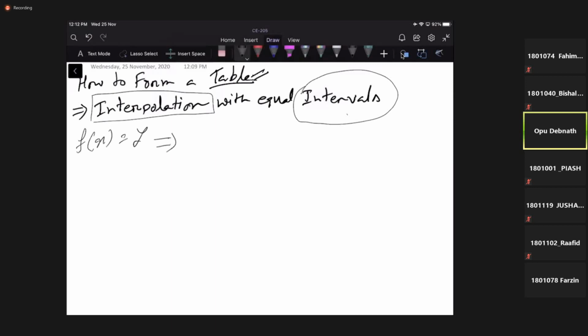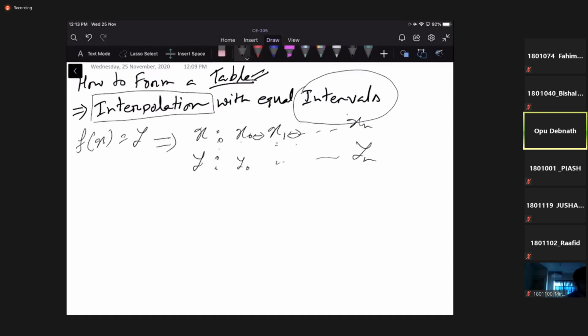For this function, you have the values x0, x1 up to xn and corresponding y0 to yn. These differences are equal, x0 to x1, x1 to x2. If I want to know any value within these values, this is interpolation.